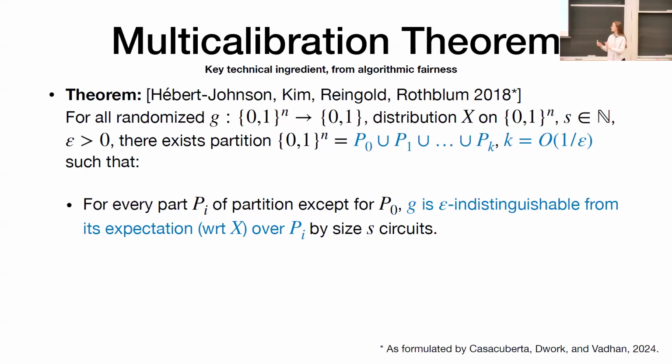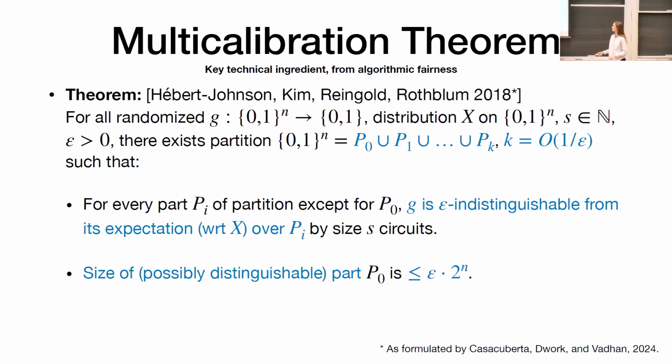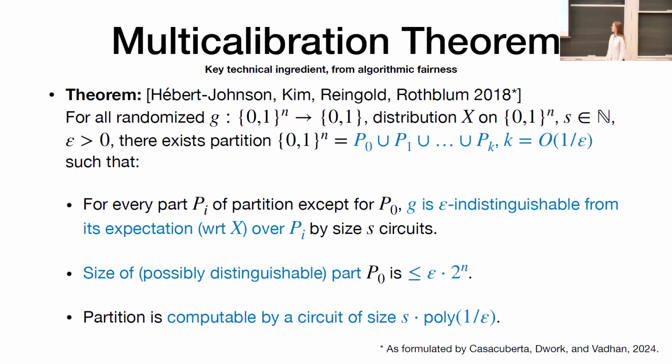So we can break our function into a few parts such that each is indistinguishable from its expectation. We have one possibly distinguishable part called P0, and this is going to be at most an epsilon fraction of the domain. Now, lastly, and possibly the most surprising part of multicalibration, is that this partition is efficiently computable. It's computable by a circuit of size s times poly 1 over epsilon.